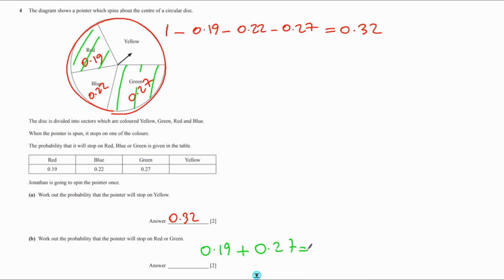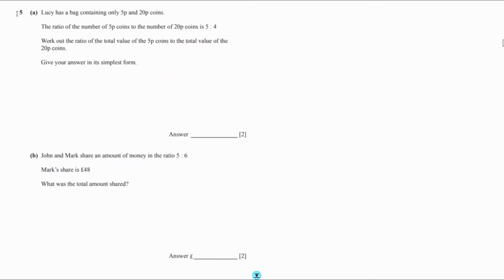So if we add these together, we will have 0.46. Okay, so this is the answer for this question. It wasn't a very difficult question. We go to the next one.